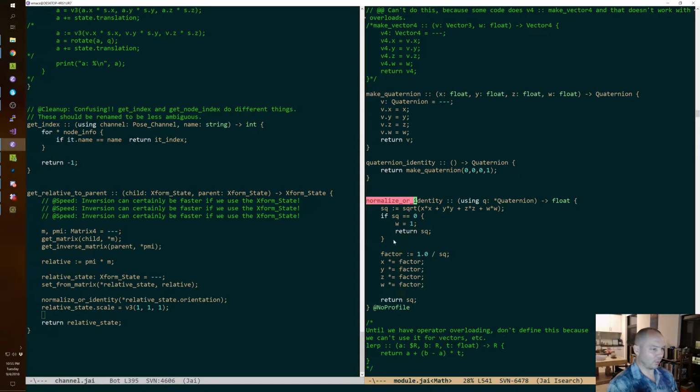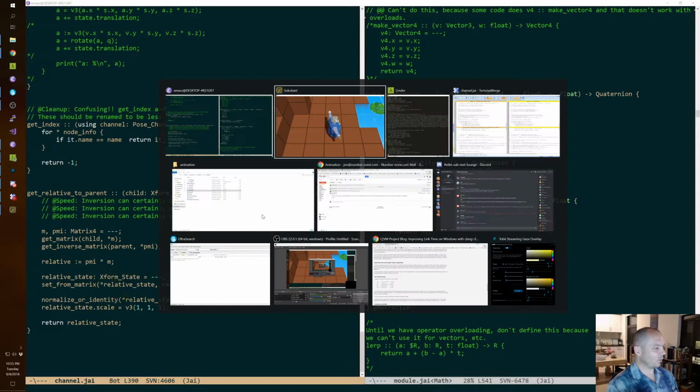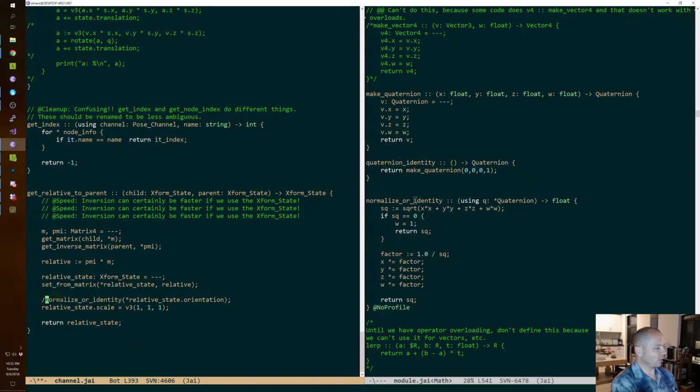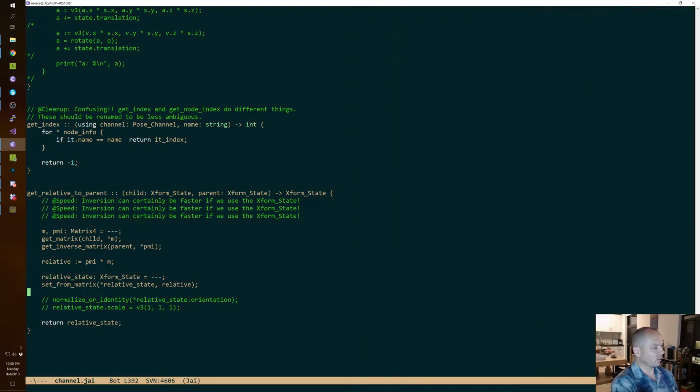Sure looks like this is implemented. I don't know what to do except go crazy. Go bananas. I got to go bananas. Okay, I actually know what the problem is. No, I don't know what the problem is.